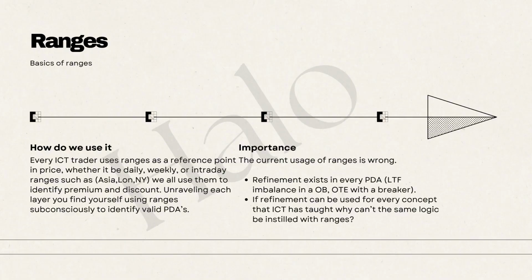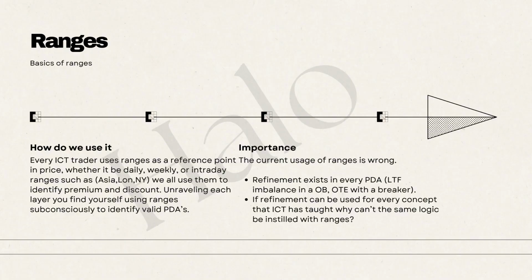The same way that time has restrictions, the same way that QT puts boundaries on time, meaning quarters, right? That same logic of putting boundaries should apply to your ranges the same way it applies to PDRAs, right? You don't value every single range, the same way you don't value every single PDRA that you see in price. Every breaker block or every OB or every fair value gap is not going to work, right? There are certain ones that are worth more than others.